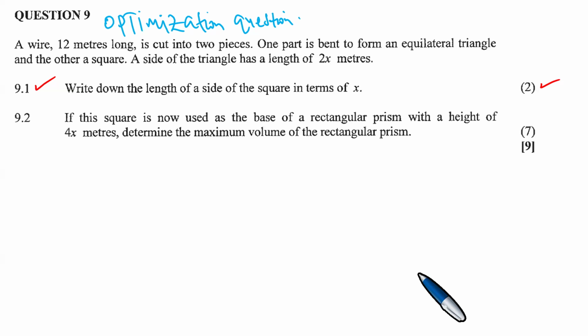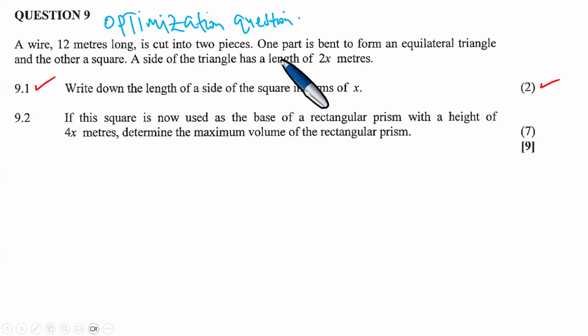Yes, what is that? I'm confused when they're saying that it was bent. Okay, there's a part where they're saying it was bent because a wire 12 meters long is cut into two pieces. Someone takes a wire that is 12 meters long and cuts it into two pieces. One part is bent to form an equilateral triangle, and the other part is bent to form a square.